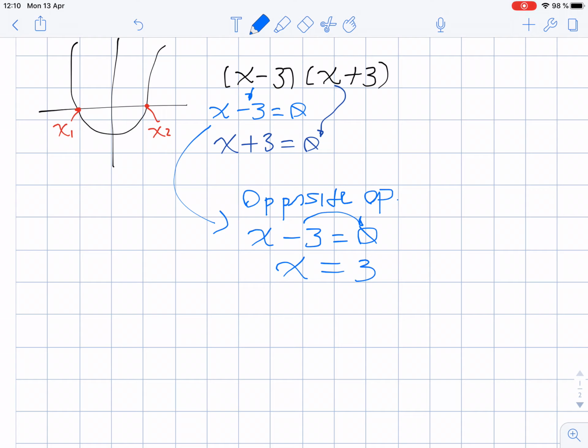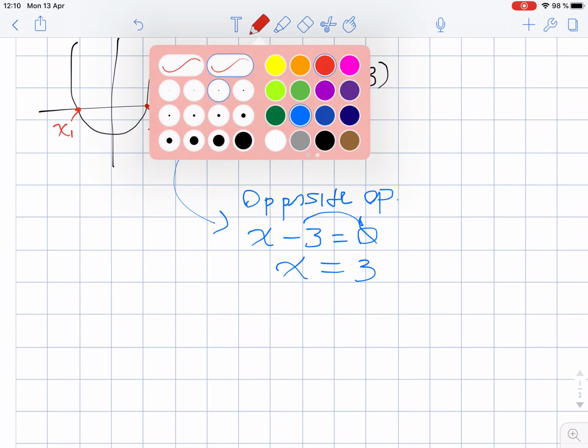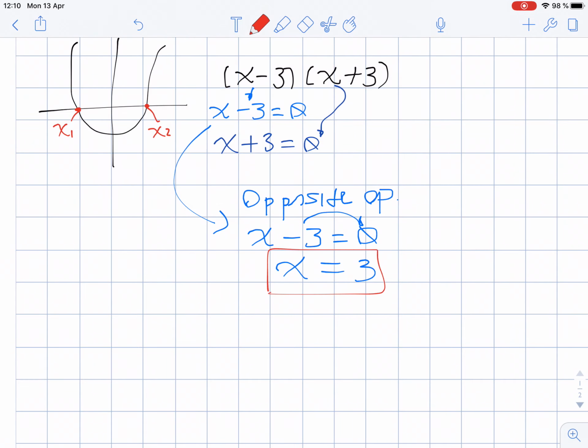Why? Because minus 3 is passing to the other side to add, therefore it's plus 3. And here we have our first value for the x. The second value for the x is taking this one, x plus 3 equals 0. Opposite operation, passing to the other side, x equals minus 3.